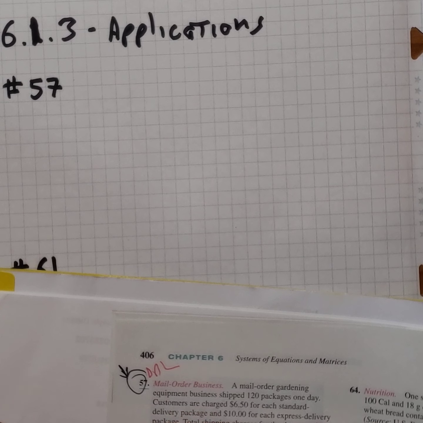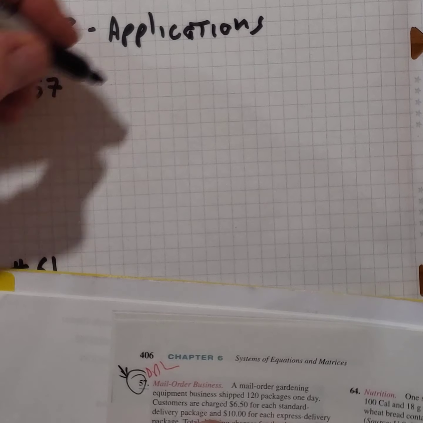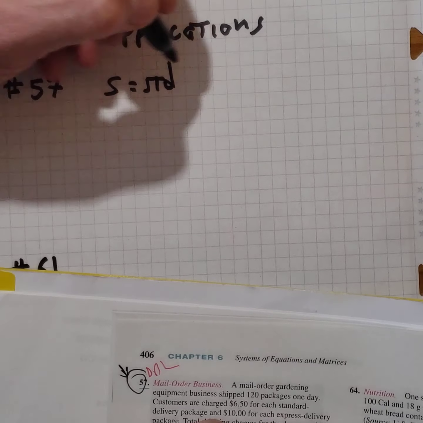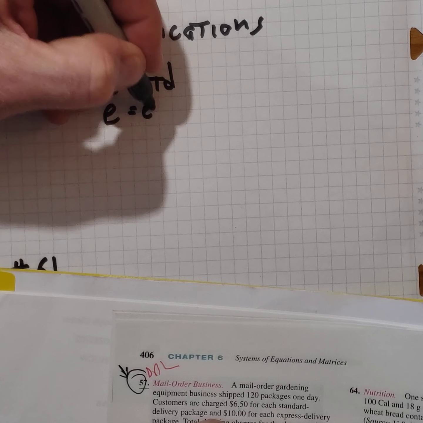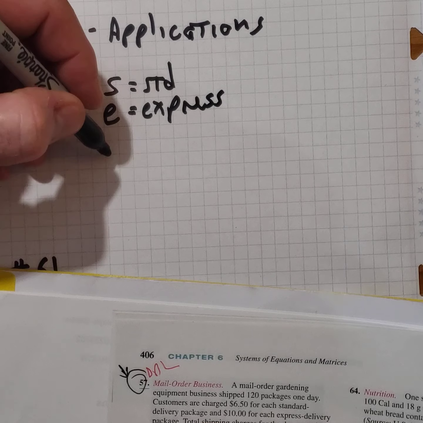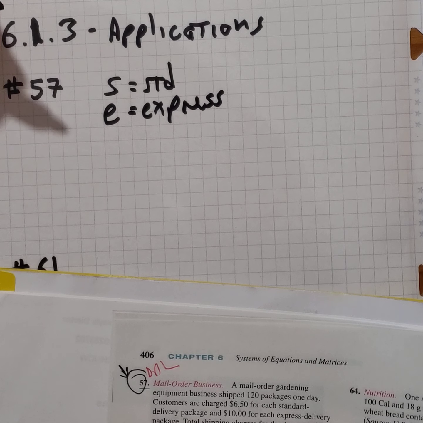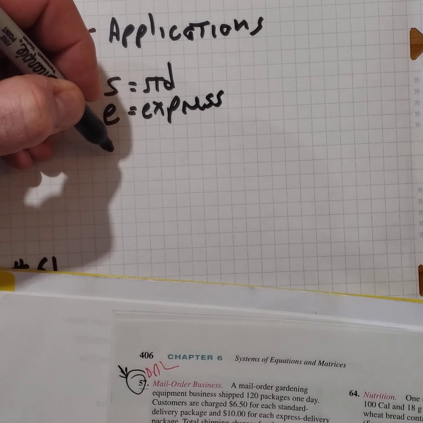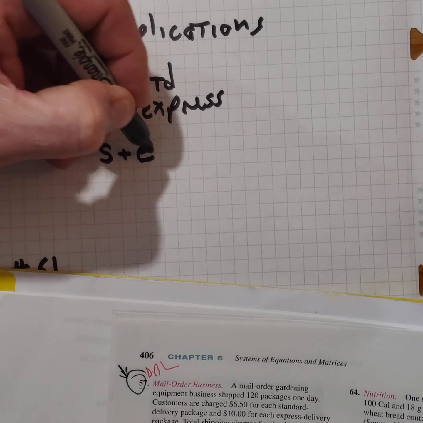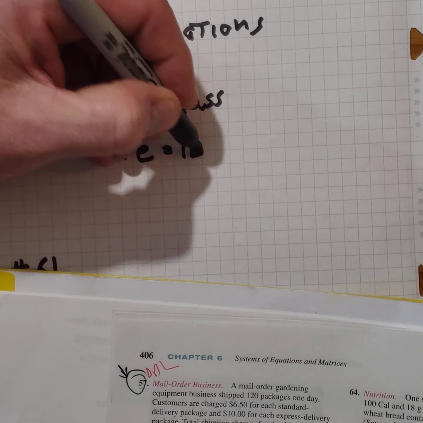So I'm going to use letters that make sense. I'm going to use S for standard and E for express. So I know from the first restriction that there were 120 packages shipped, that the standard plus the express has to equal 120.